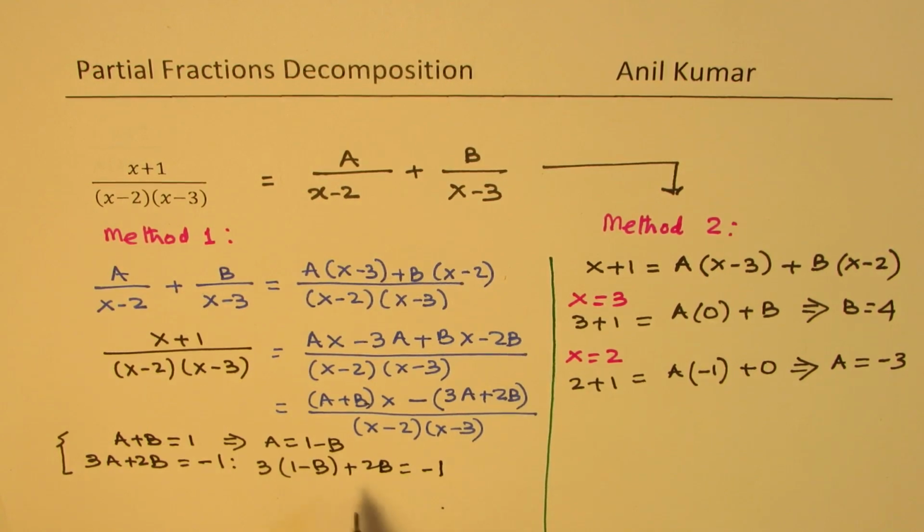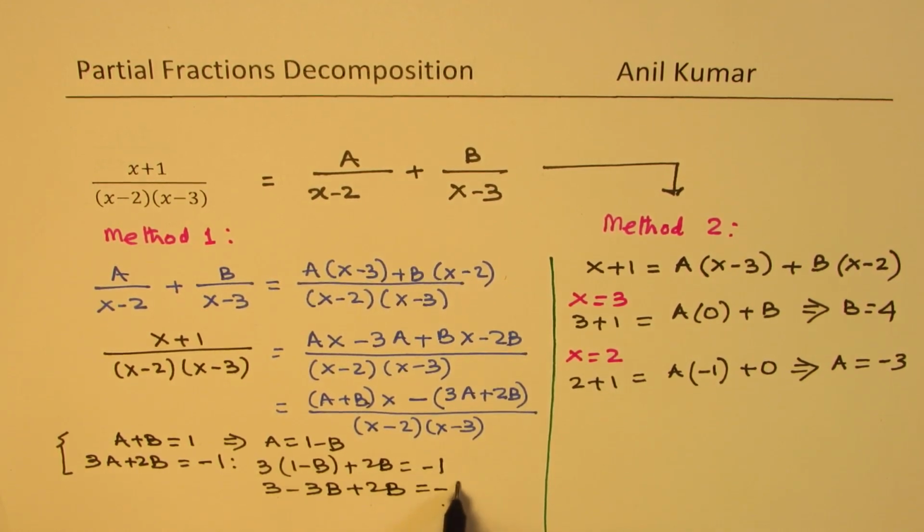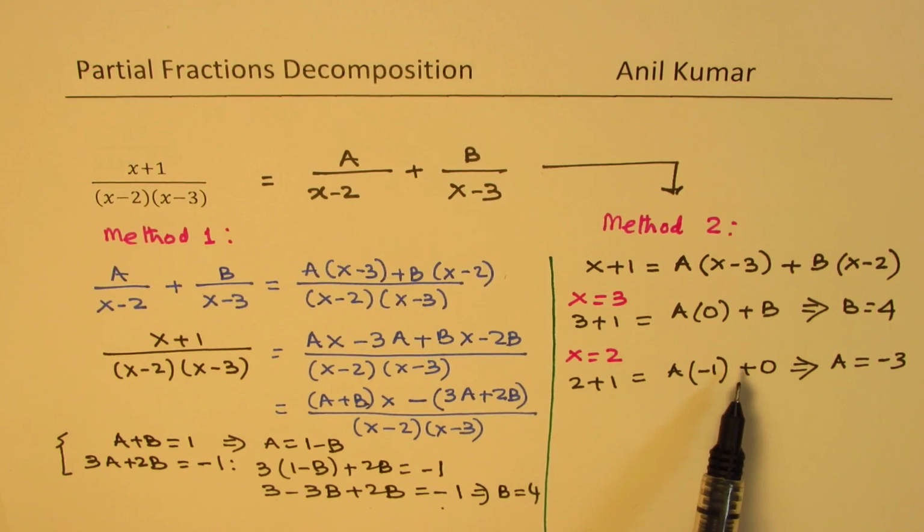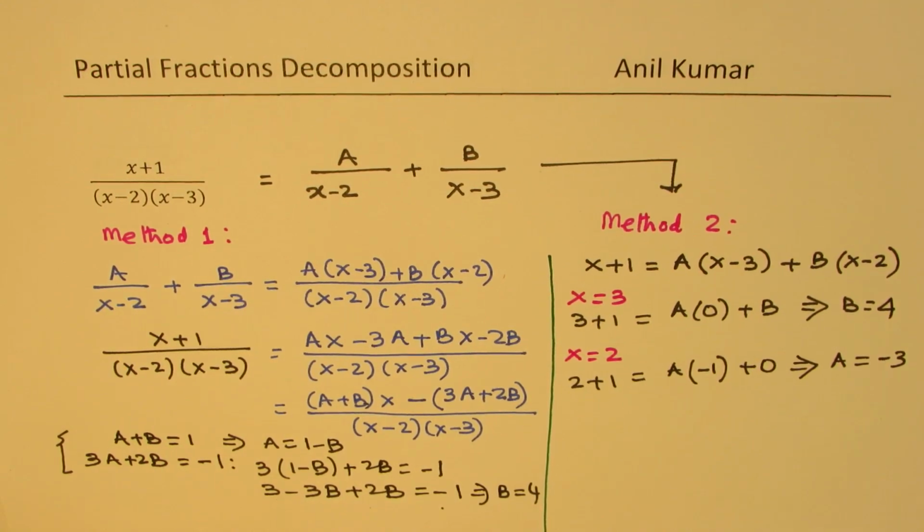So you get an equation in b, which you can solve. So what we get here is 3 minus 3b plus 2b equals minus 1. And solving this, we get b equals 4. Correct? So we do get the same answer. However, the second method is very fast, right? So we prefer this method most of the time. So I hope the steps are absolutely clear. Perfect. Now let's move on and take up the next example.